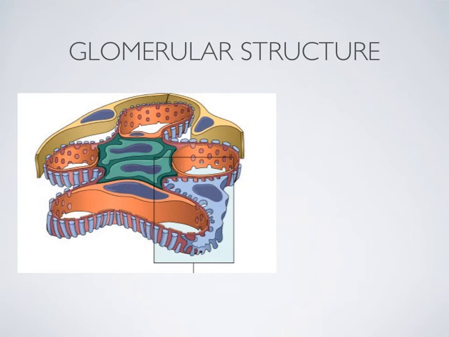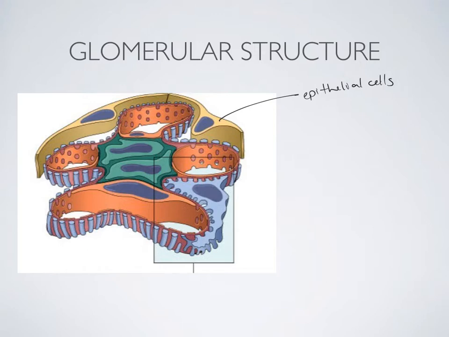So let's talk about the structure of the glomerulus to understand how it gets damaged. On the outside, the capsule is made up of epithelial cells. And these epithelial cells are continuous and are going to become the renal tubule cells.